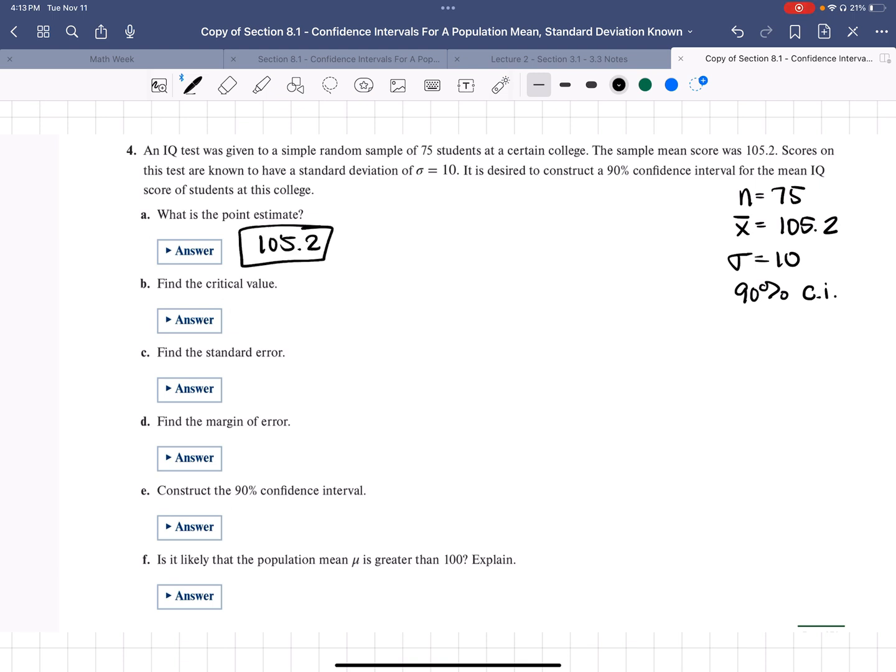Okay, we need to find the critical value. So we want a 90% confidence interval. We want this to be 90%. That means I've got to have 5 over here, and I've got to have 5 to the left. So that means my critical value is going to equal the inverse norm of 0.95, comma, 0, comma 1.